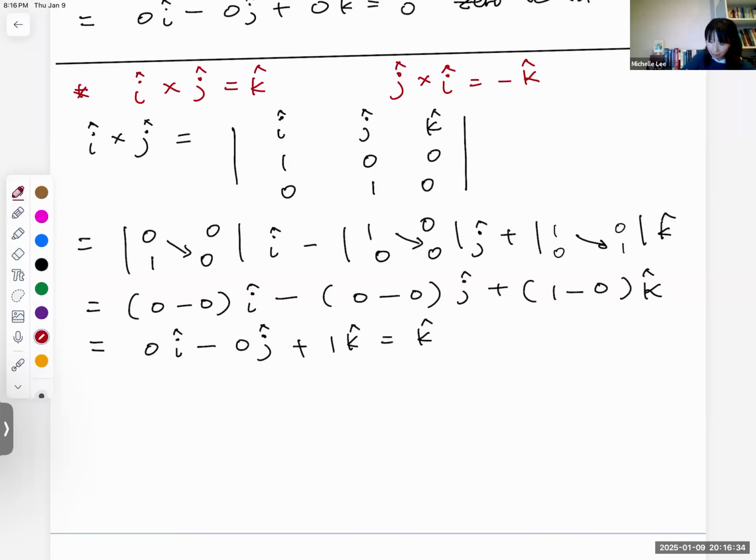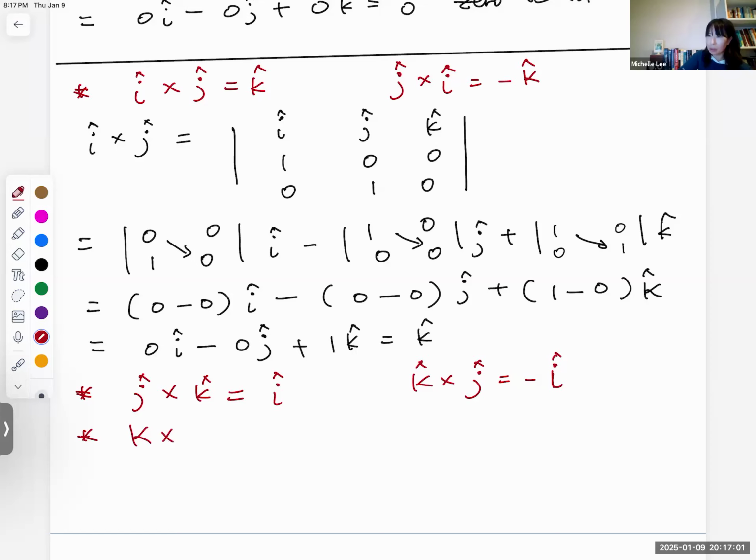All right, so we have J cross product with K, which gives us I. J cross product with J. Did I say J cross product with J? No. K cross product with J. What do you get? Yes, negative. Good job. Negative I, right? Okay, how about this?